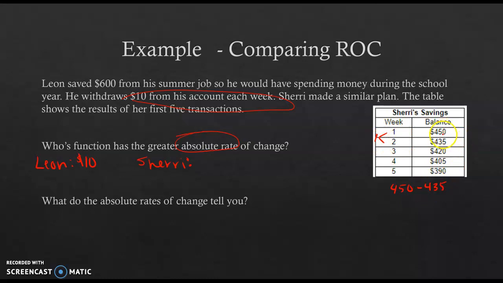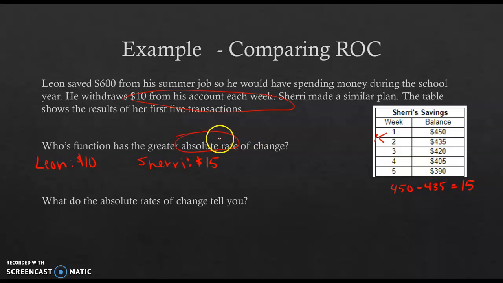So whatever I get when I take 450 minus 435, that is going to be my absolute slope. And the answer to that is 15. Sorry, I was looking at my notes from earlier. And so Sherry spends $15 per week.